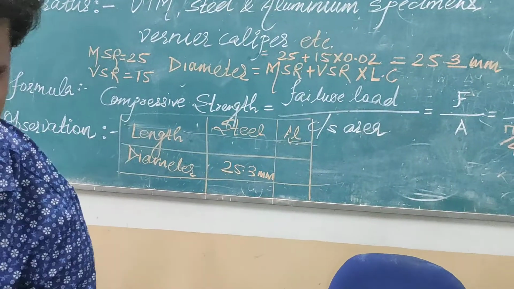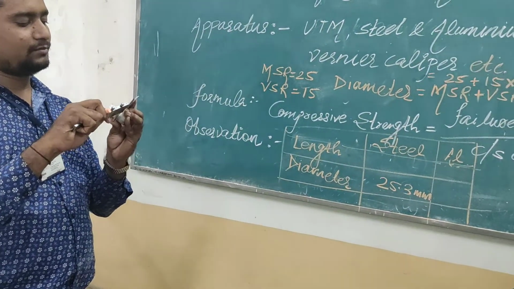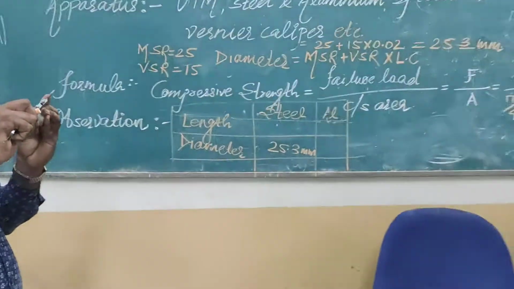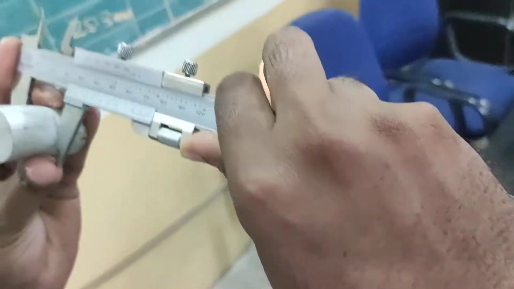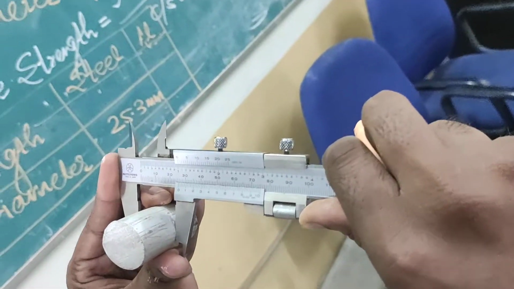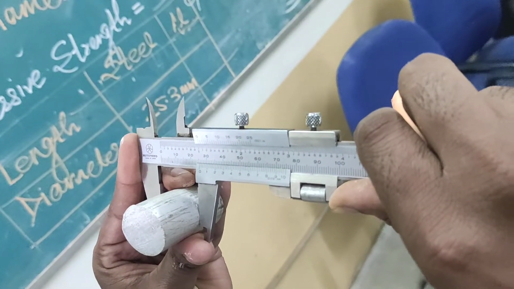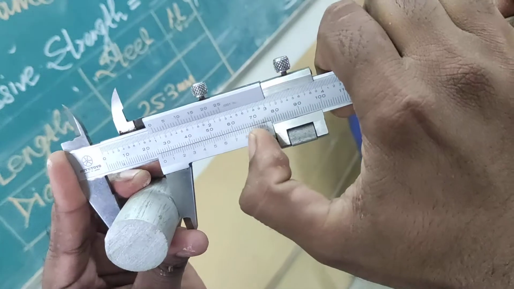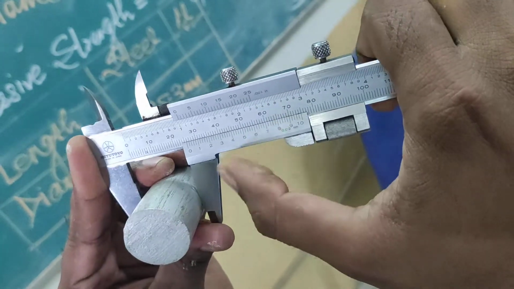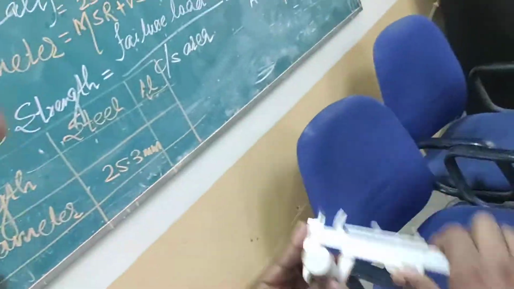Then the diameter of this aluminum bar is again 25 point something, 25 plus. The 8th division exactly coincides, so it is 40, since 5 8s are 40.